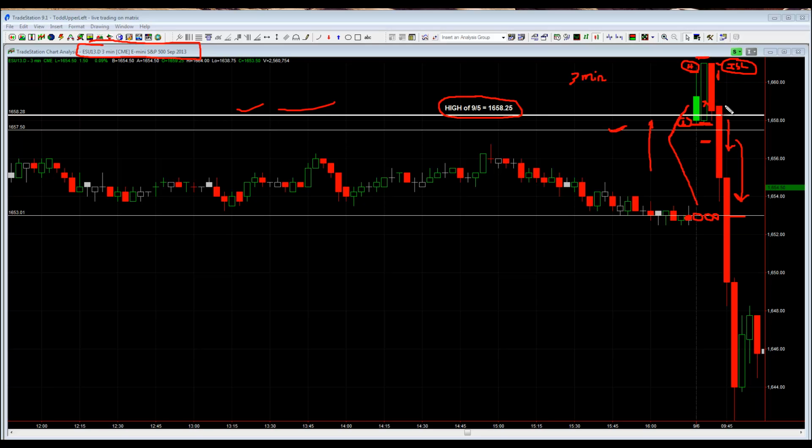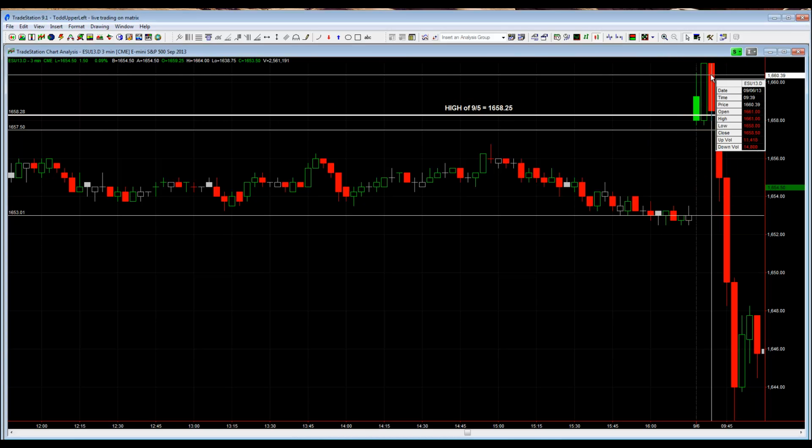Now, the bar that triggered you short, as soon as it closes, which it closed right here, you're going to immediately bring that stop down. The initial stop loss will be moved to right above the high of the bar that got you filled.